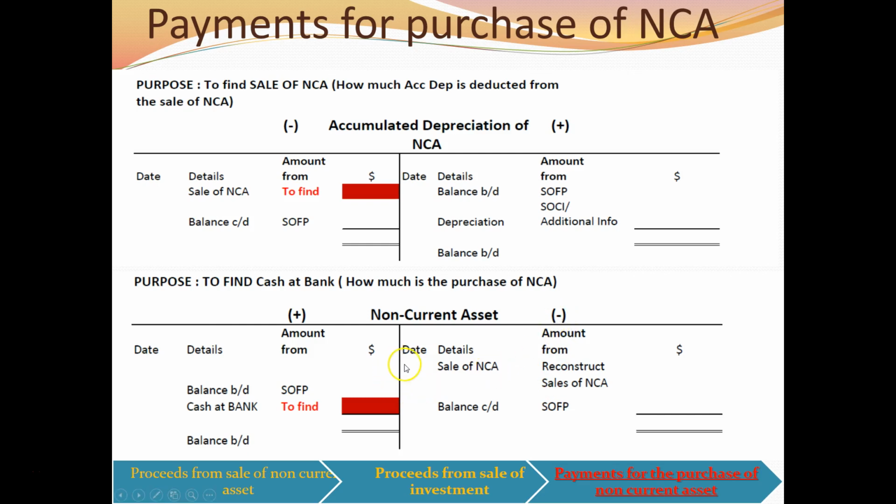And then where do we find our cash at bank? When we buy, we credit cash at bank, so we debit non-current assets. When we buy, non-current assets increase. When we sell, we actually write sales of non-current assets, and this amount comes from the information.